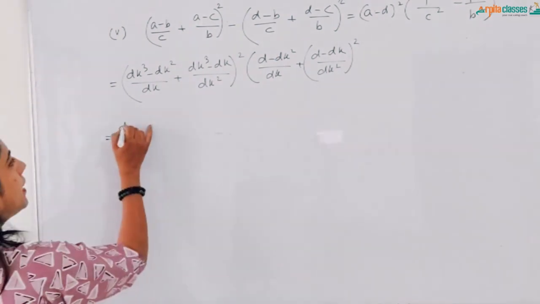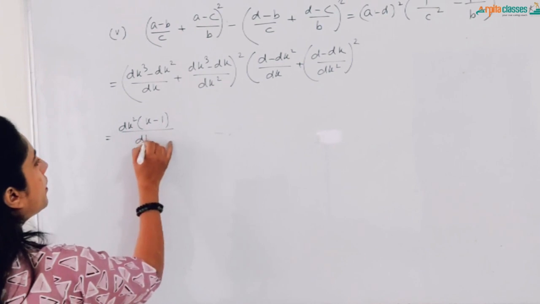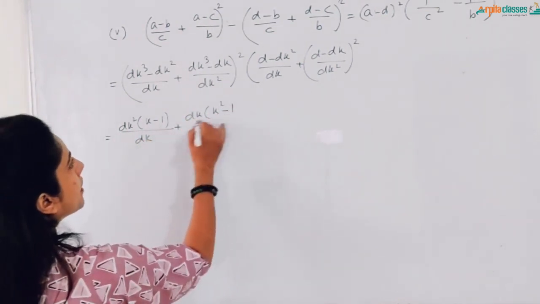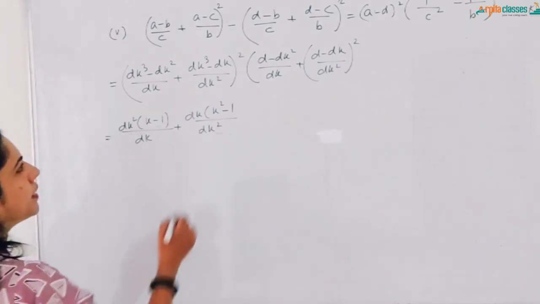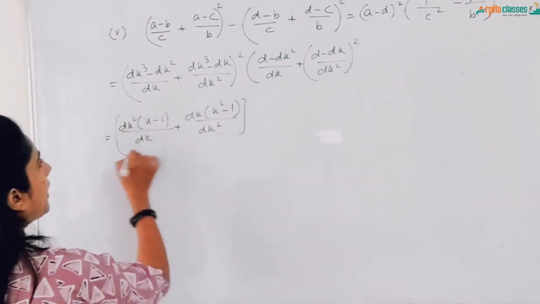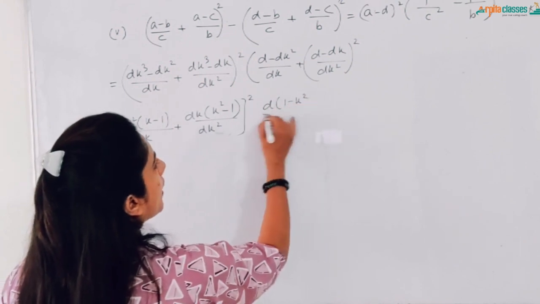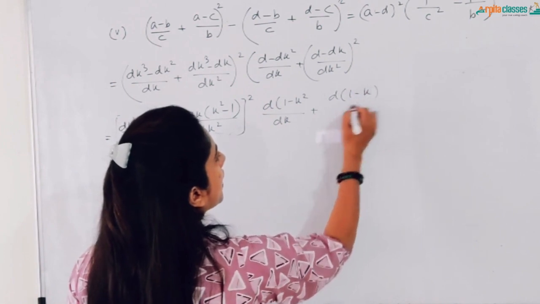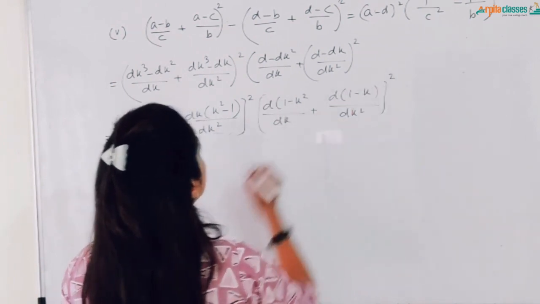Here I can take dk square common, so it is k minus 1 upon dk plus dk common, so k square minus 1 upon dk square. K square minus 1. Taking dk common, so k square minus 1. Whole thing square. D common 1 minus k square upon dk plus d common 1 minus k upon dk square. This whole thing square.